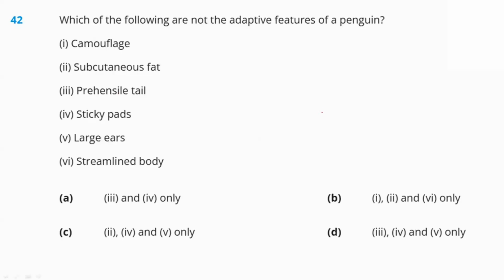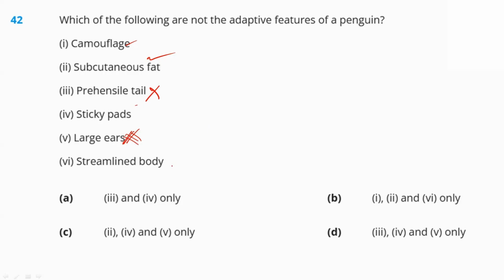Next, which of the following are not the adaptive features of the penguin? So not the adaptive features. Camouflage is an adaptive feature. Prehensile tail: it doesn't have a tail, so this is not an adaptive feature. Sticky pads is an adaptive feature. Large ears: it doesn't have large ears, it doesn't have ears at all, so this is also not an adaptation.